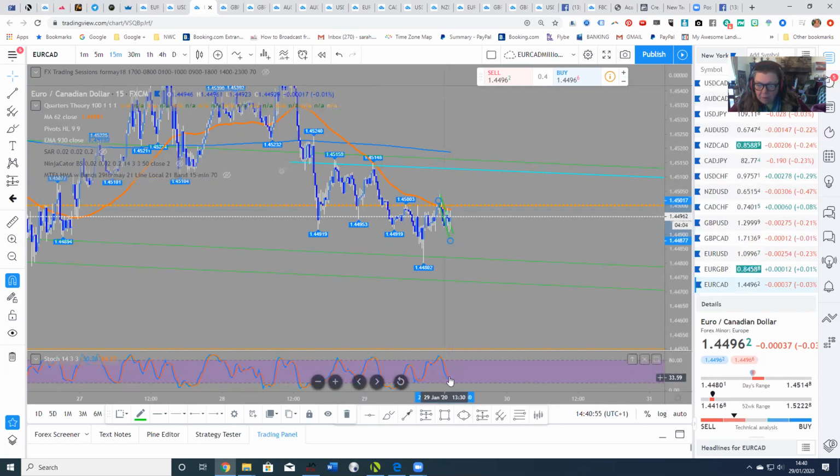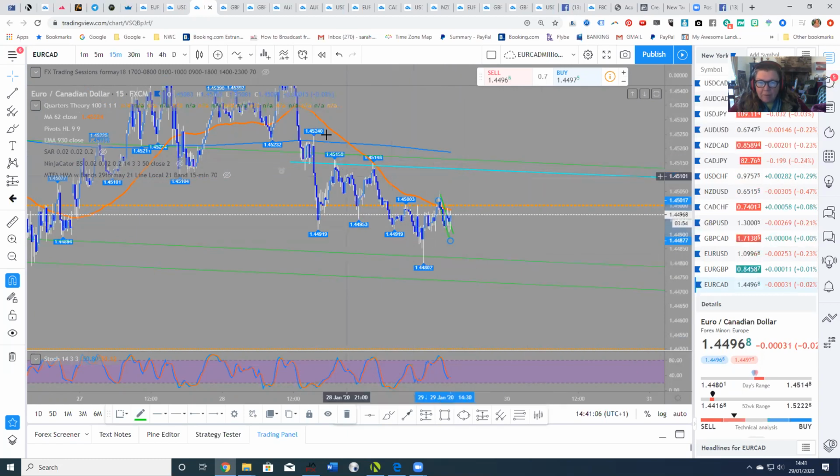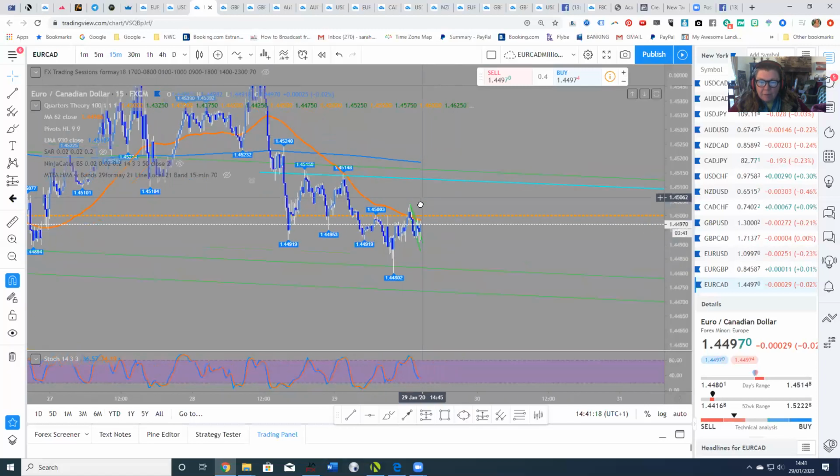In fact, in theory, you'd be waiting for it to reverse, and you want the buy back up. But you can see it's a downward scan. The green lines are going downward, and you've got the lower highs forming and the lower lows. And price is being pushed down by the 62, and it is now below the quarter theory. So that's all looking good for a sell.